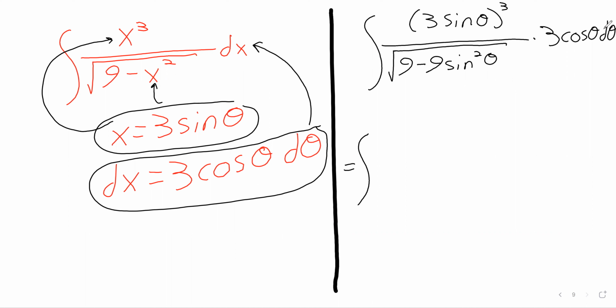A product cubed is going to cube both pieces of the product. So 3 cubed is 27. And then we're going to have the sine cubed.